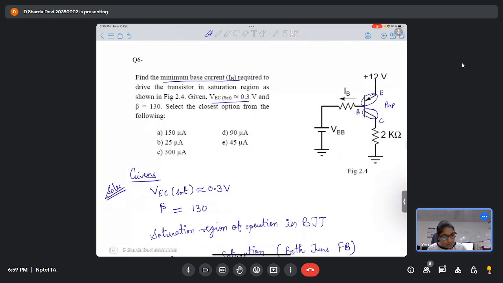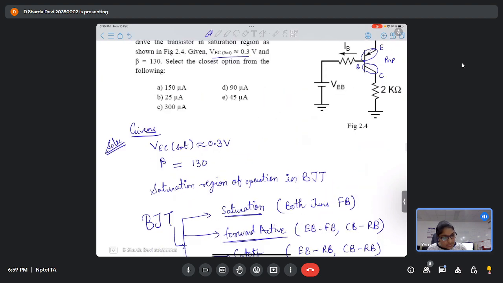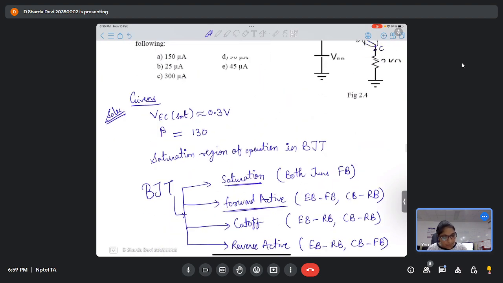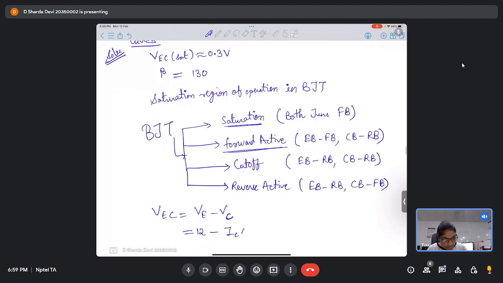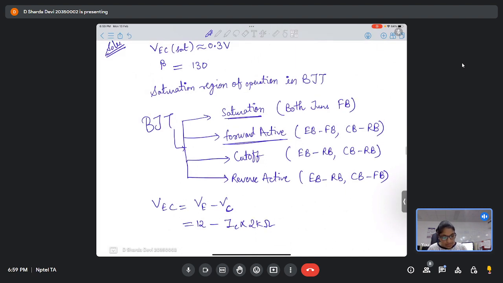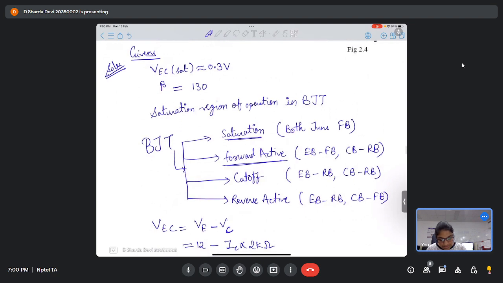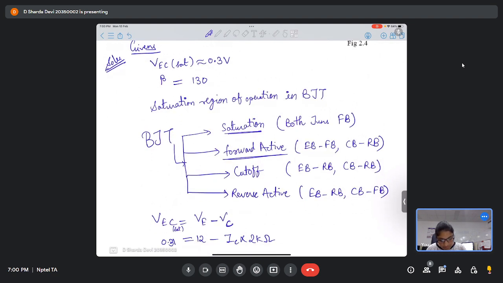So V we can simply write as 12, and VC how will we write? We'll write VC as IC into 2 kilo ohms, and this VC sat is actually given as 0.3 volts.